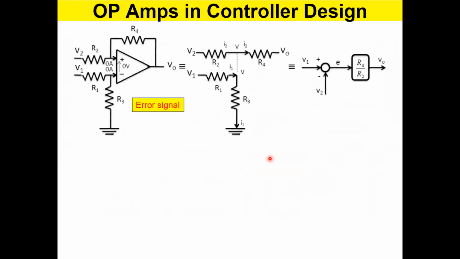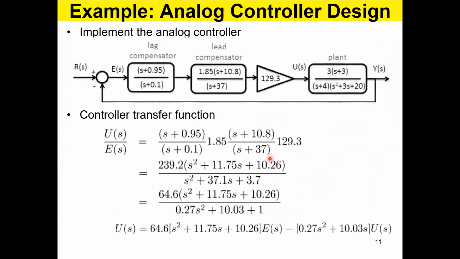So let's see. This is the controller equation. You can see the error gets differentiated 2 times and gets multiplied 3 times. And U gets differentiated 2 times and multiplied 2 times as well.